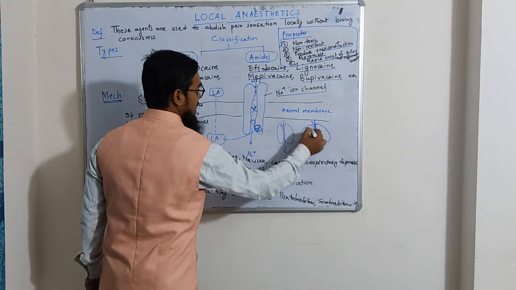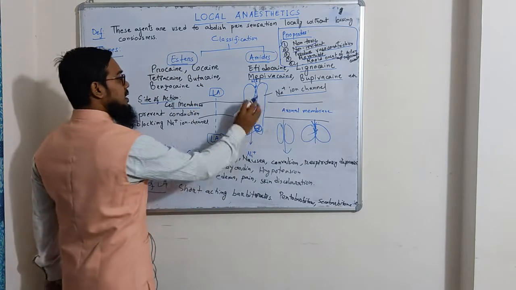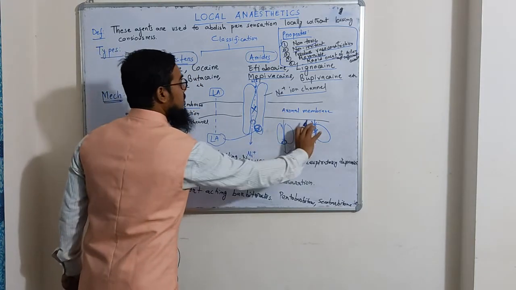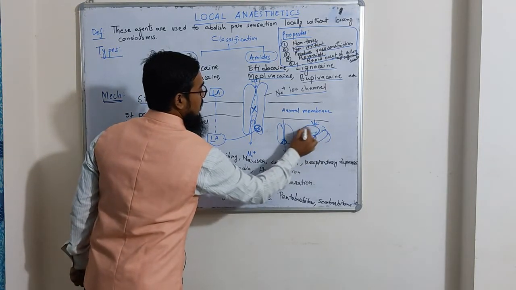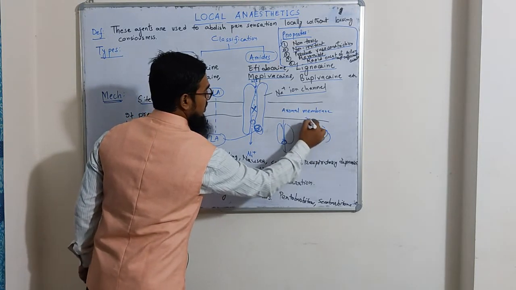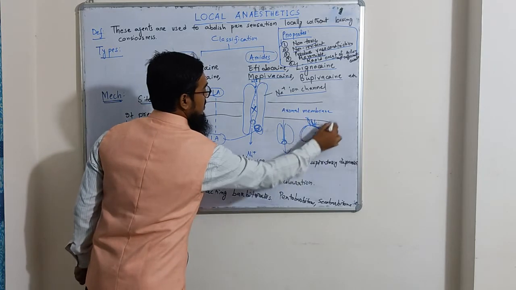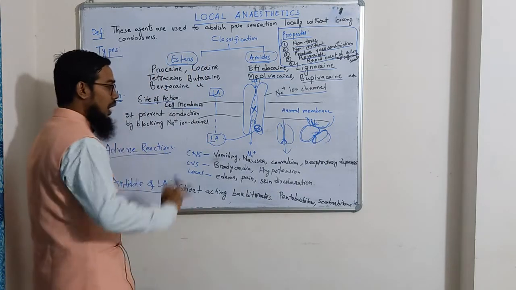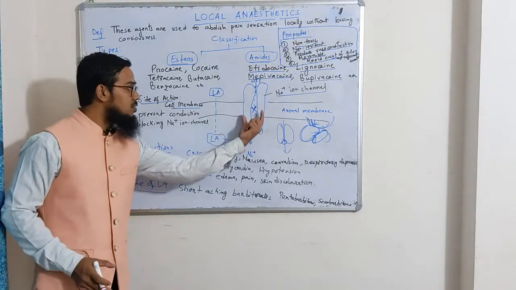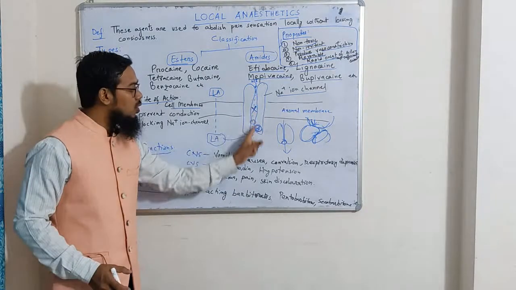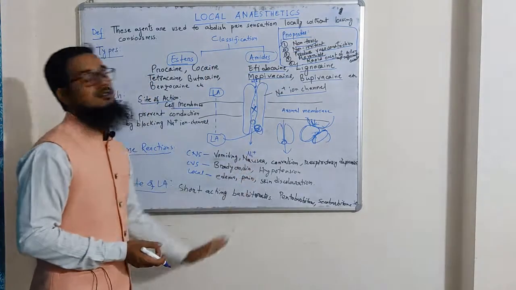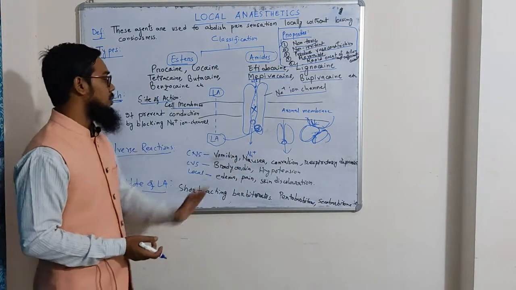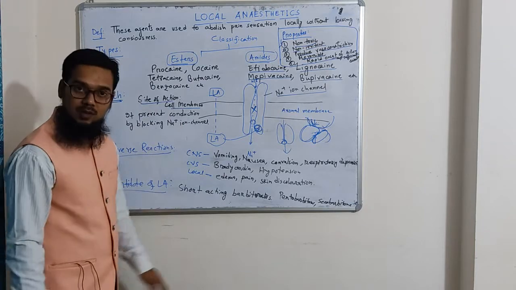So either they directly block here, or they change the configuration of the ion channel. Now sodium ion cannot enter. By this way, they prevent the entry of sodium into the nerve ending. And this is the mechanism of local anesthetic.